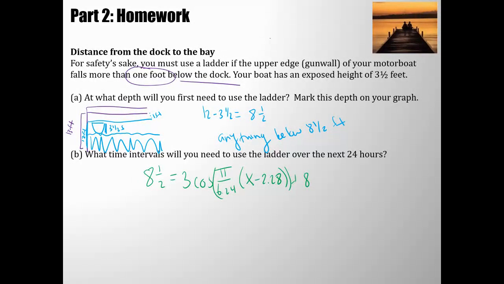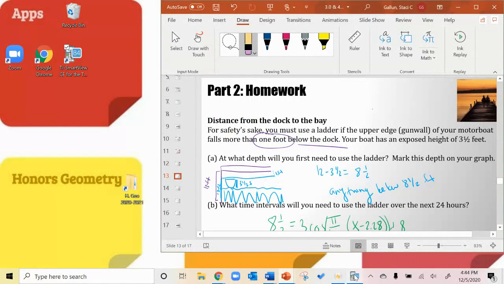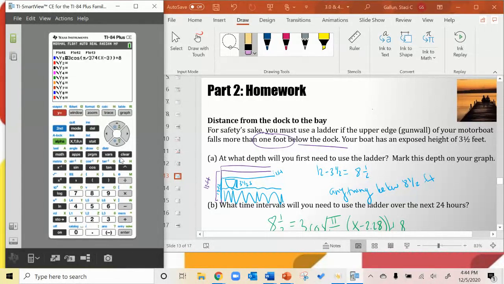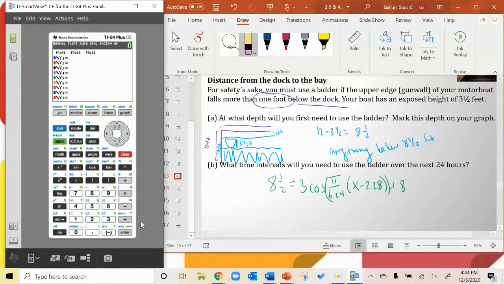So let's go into our calculator. I'm going to make this smaller and keep my annotations. Let's put this in here. So you've got 3 cosine of pi over 6.24 times x minus 2.28, plus 8.